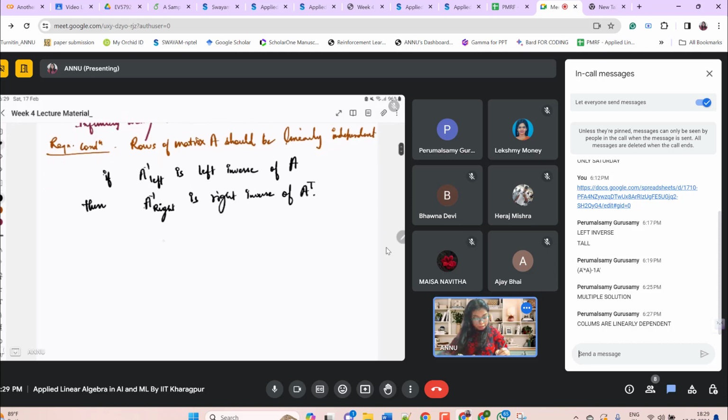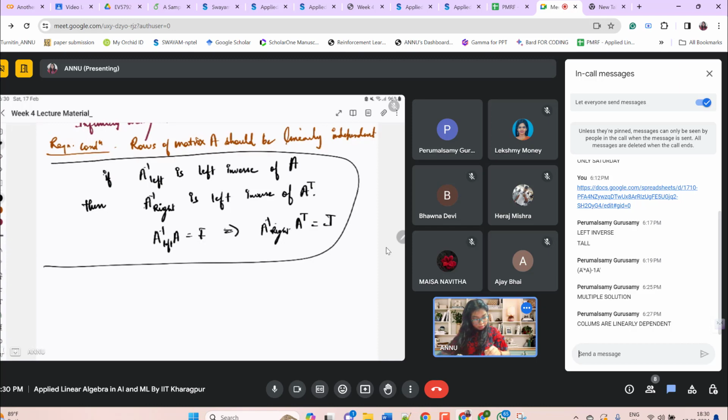You can see that A inverse left times A is equal to I. So A inverse left is equal to A transpose, and then A times A inverse right equals I.